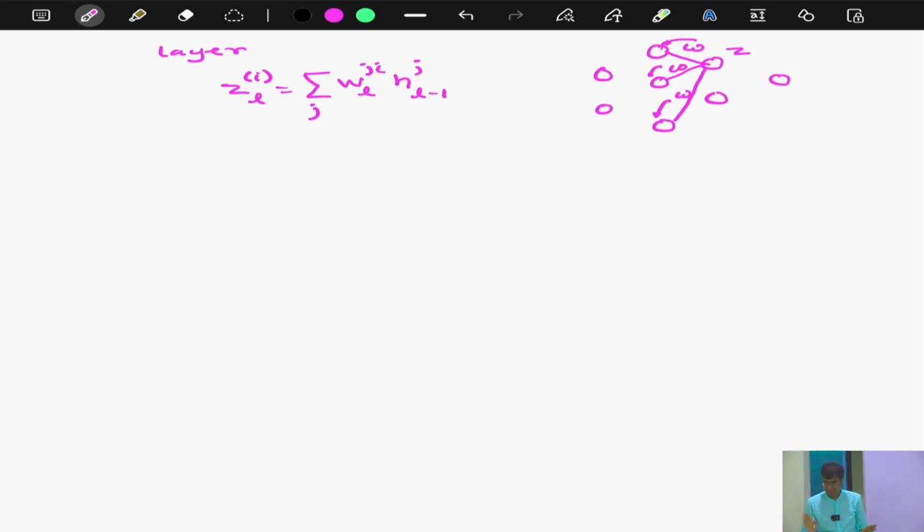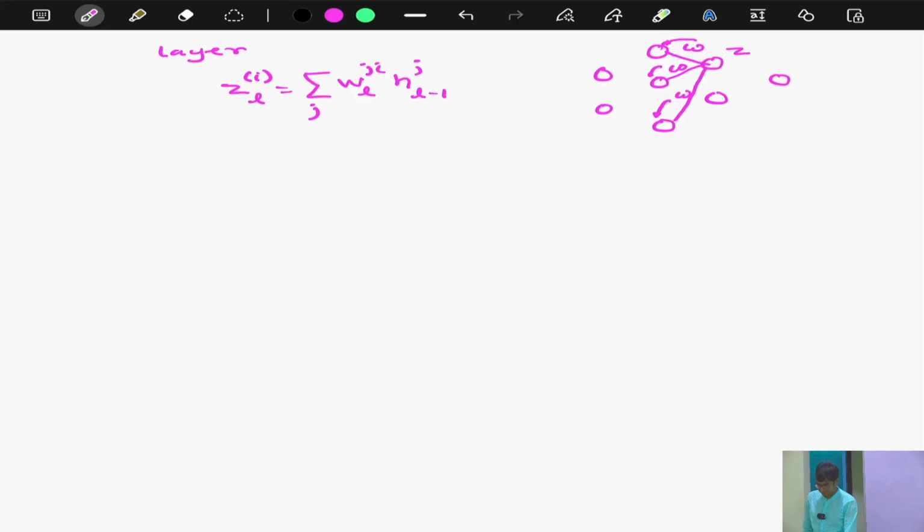So this is what I have written in summation form. Check carefully if this is clear or not. If this is not clear, I can even write that one. Is it clear? Okay. Great. So this is the operation that is happening.